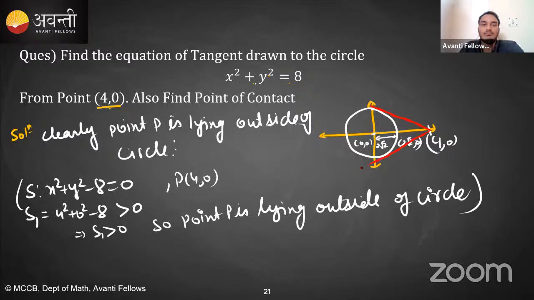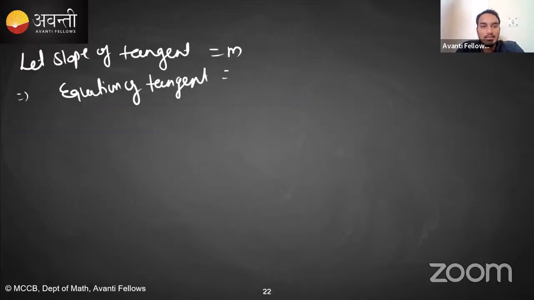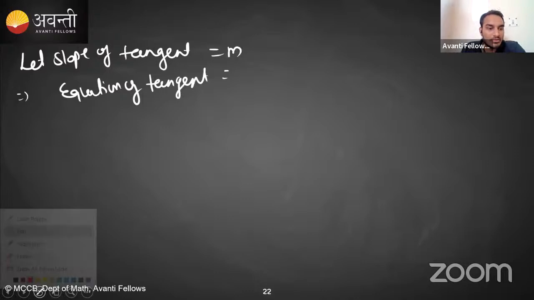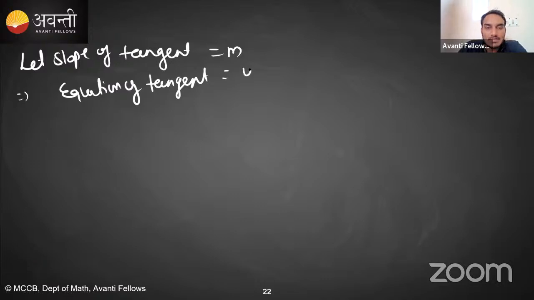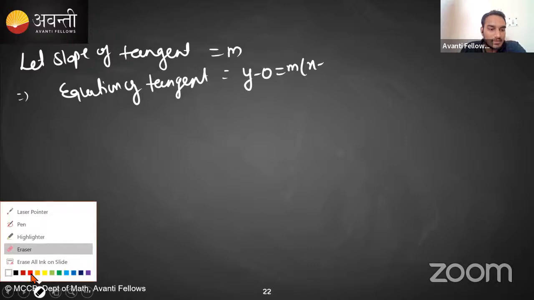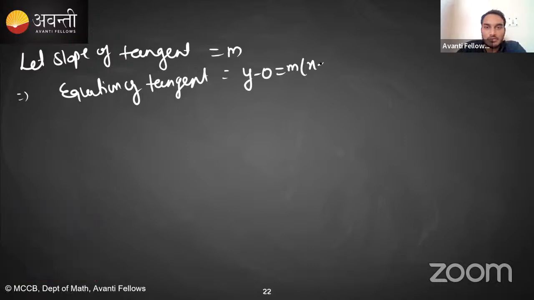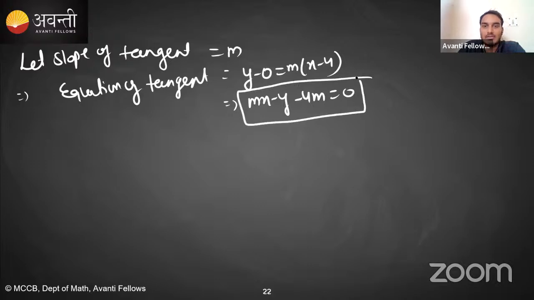We just assume the slope to be m, and the two slopes will automatically come out, if two tangents are there. So the equation of tangent is y minus y1 equal to slope times x minus x1, and (x1, y1) is (4, 0). What do we get? mx minus y minus 4m is equal to 0. So this is the equation of tangent.